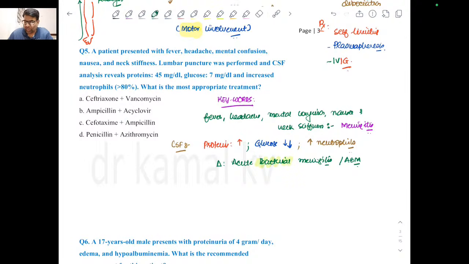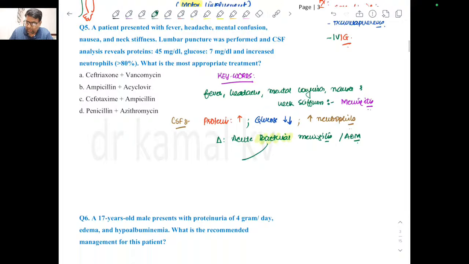What you need to give? Now obviously we should include drug as a part of empirical therapy, which is controlling the bacteria which might cause this acute bacterial meningitis. So one should know what are the bacteria which can cause acute bacterial meningitis.